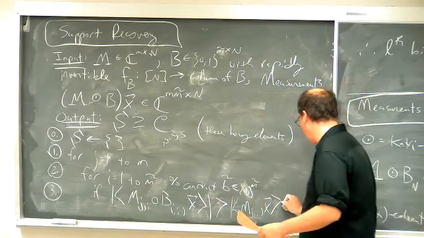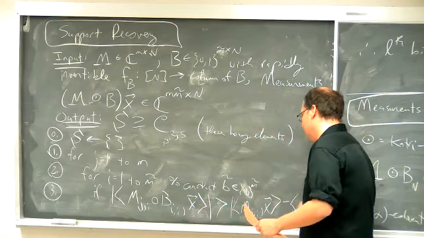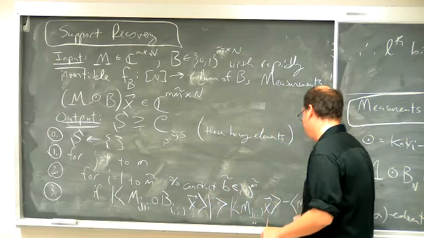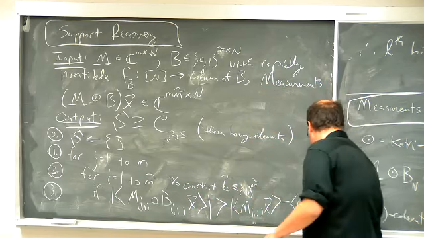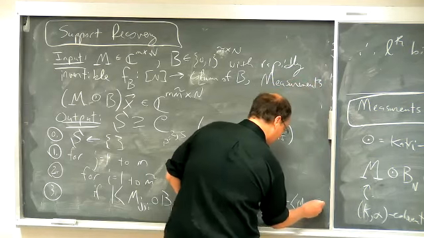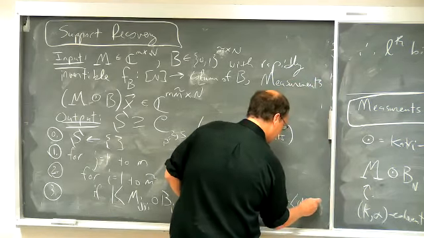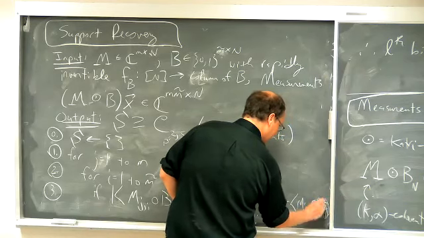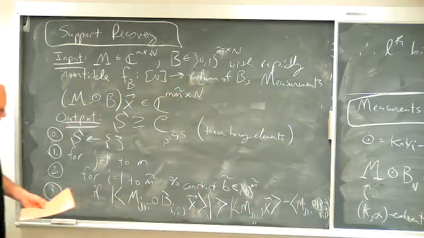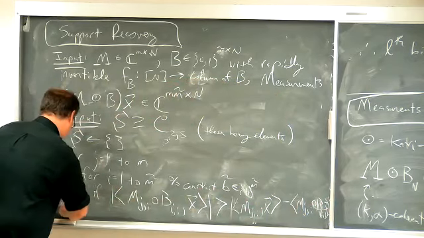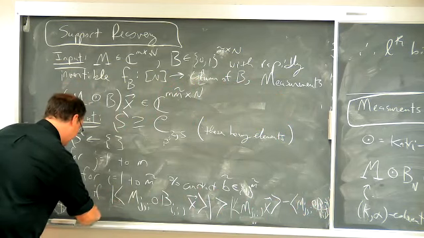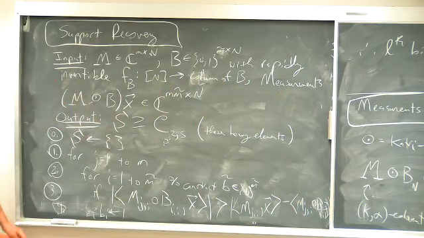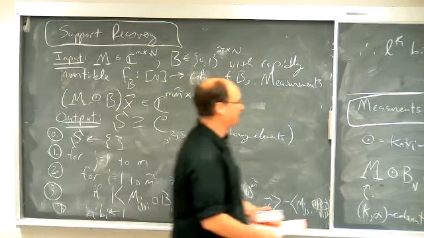And now we're going to subtract off these guys, which we also have. So this is M_j, the jth row of M, Hadamard B_i again, inner product with x. So that's an absolute value of x. So if your bit is equal to 1, set B_i equal to 1. We're doing bit testing for all of our bits.